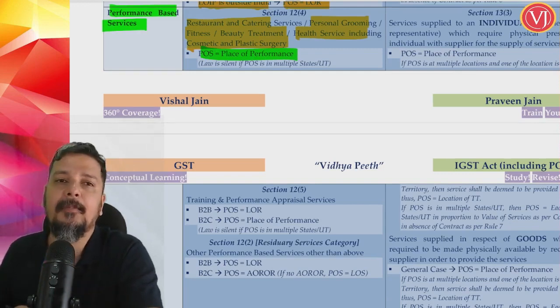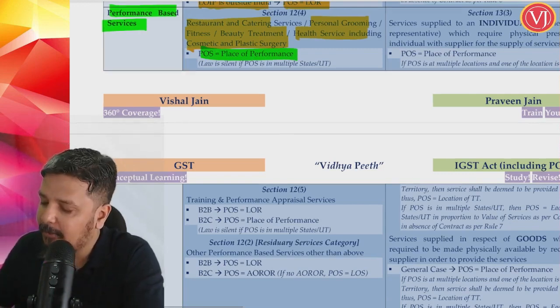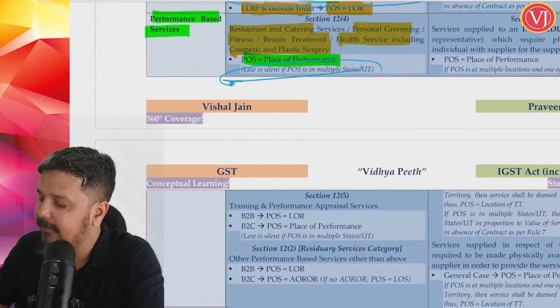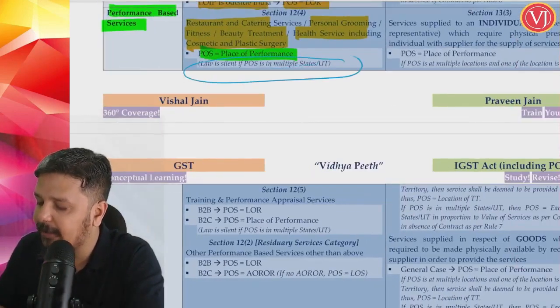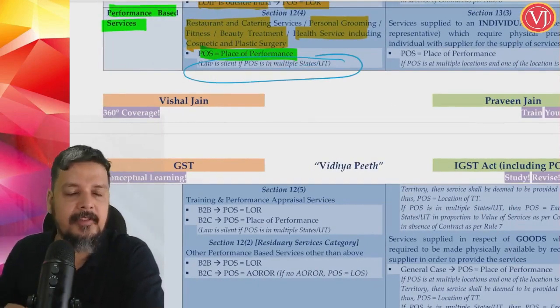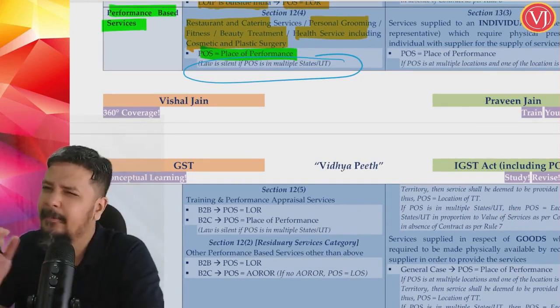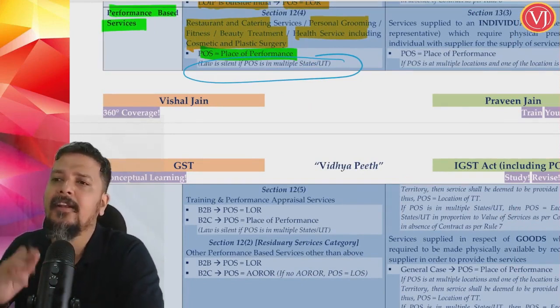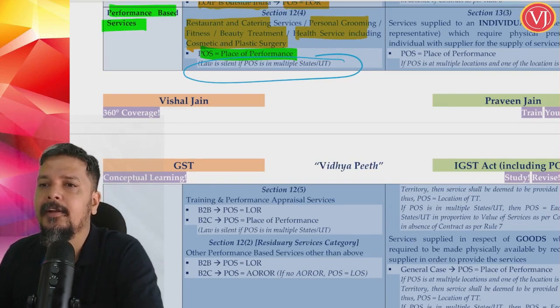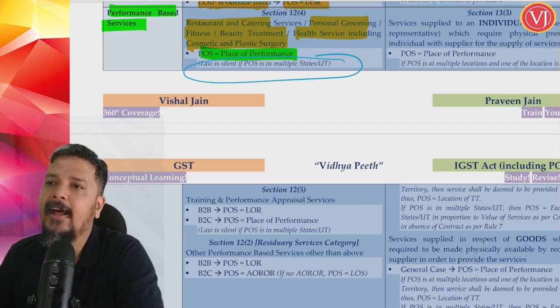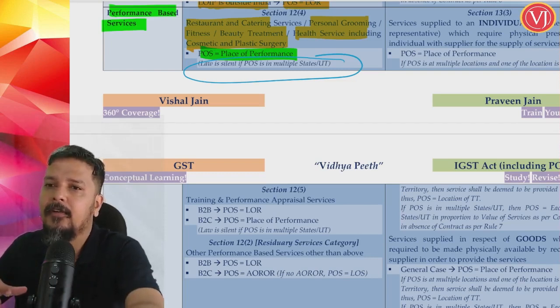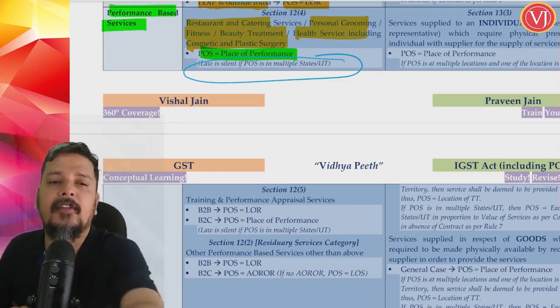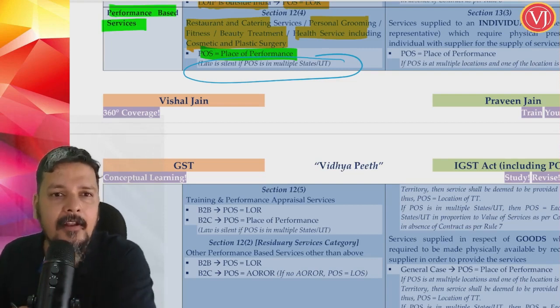There is a possibility that you get multiple answers, but the law does not tell what will happen if there are multiple answers. It is silent. Same simple example: your friend's wedding is going to be there, and there's a person who's going to take care of his grooming. A part of the events of your friend's wedding is in Tamil Nadu and the main functions are in Maharashtra.